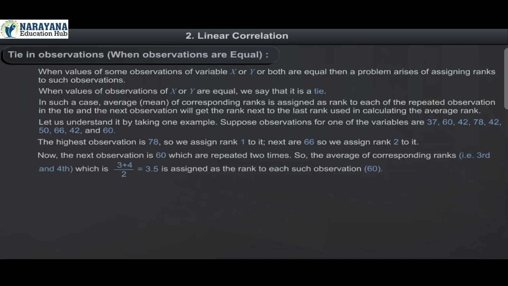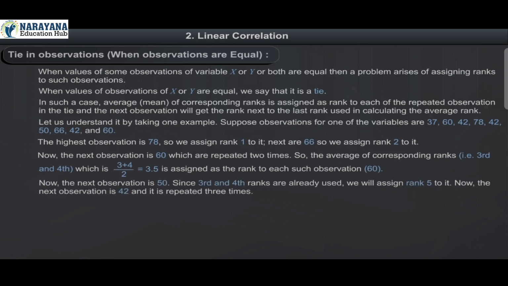So the average of the corresponding ranks, that is third and fourth, which is (3 + 4)/2 = 3.5, is assigned as the rank to each such observation, that is 60. Now, the next observation is 50. Since third and fourth ranks are already used, we will assign rank 5 to it.